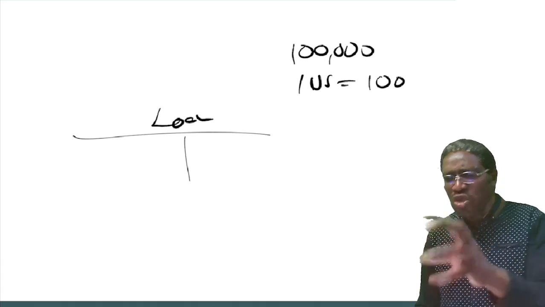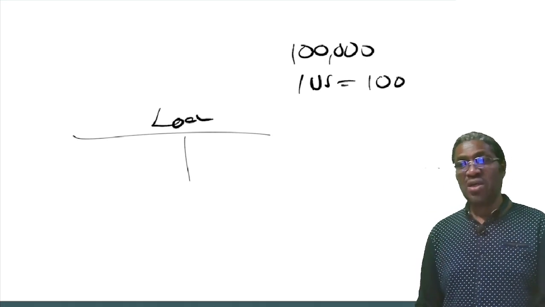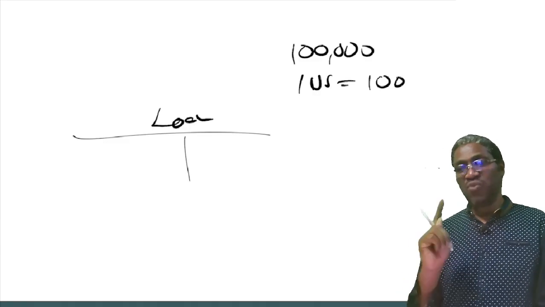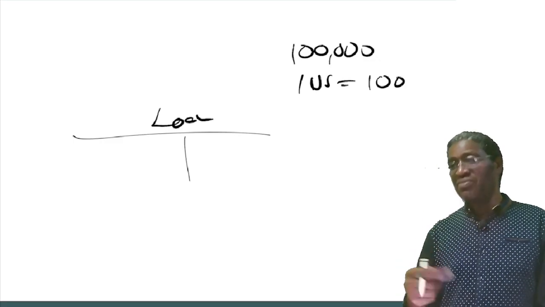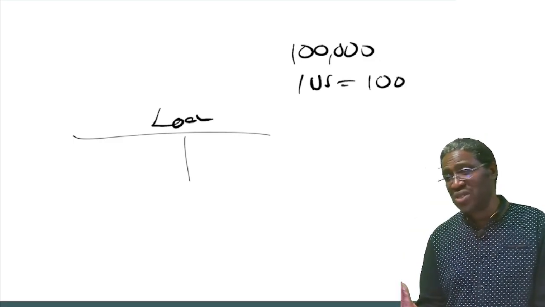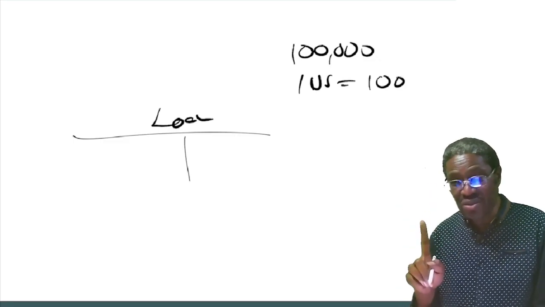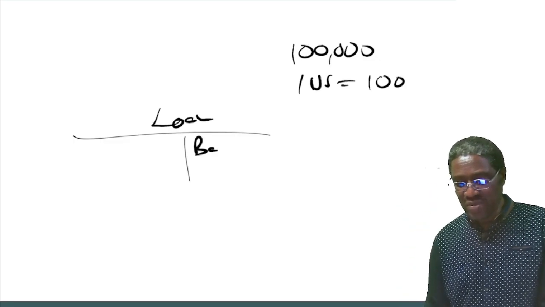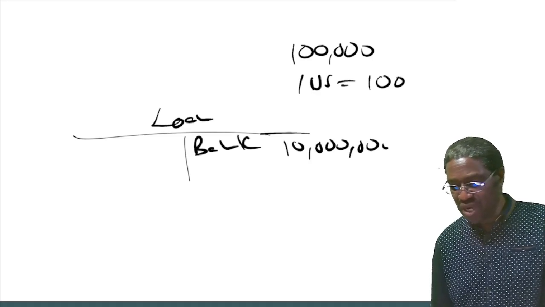So you will record your loan in Kenya shillings. If $1 US is equivalent to 100 shillings at that time, and you took a loan of $100,000, then it means you took a loan of 10 million Kenya shillings. So you will debit bank account in your books and you'll credit the loan account by 10 million.